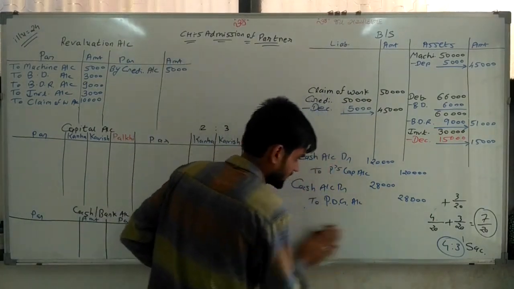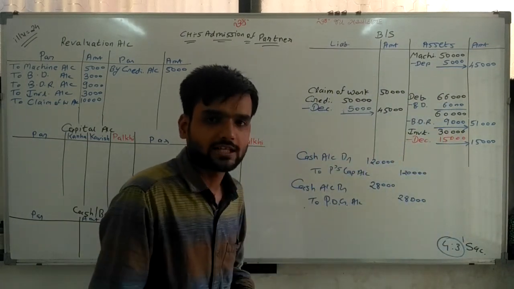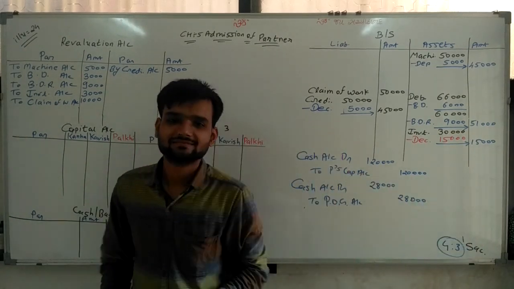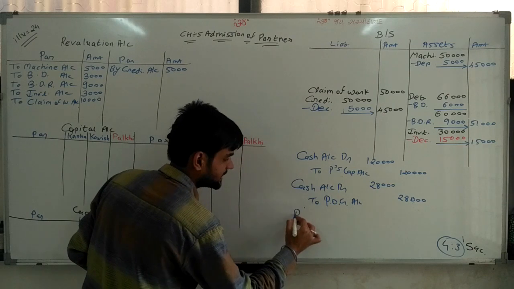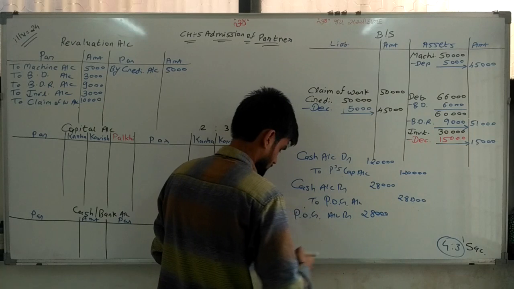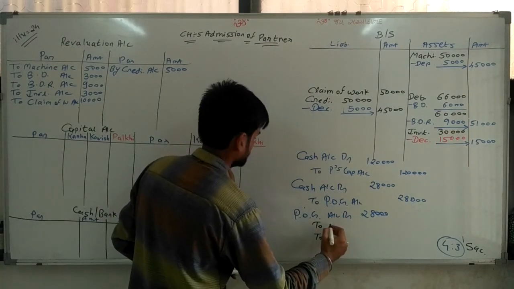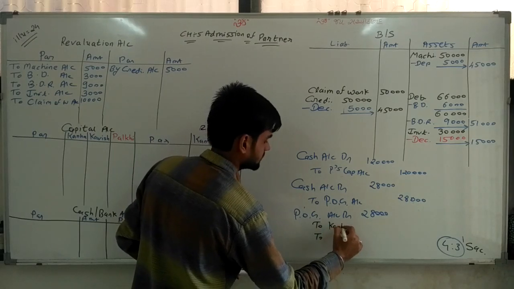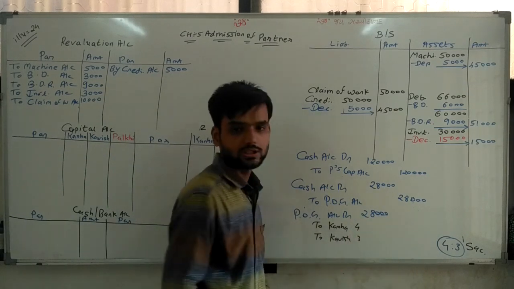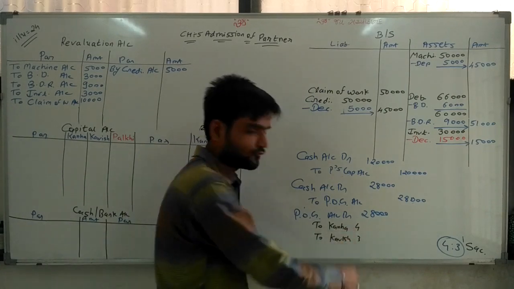Now again I am clearing the board because I need to distribute this goodwill in 4:3. So premium of goodwill debit 28,000 to Kahana, Kavisha, in the ratio 4:3.